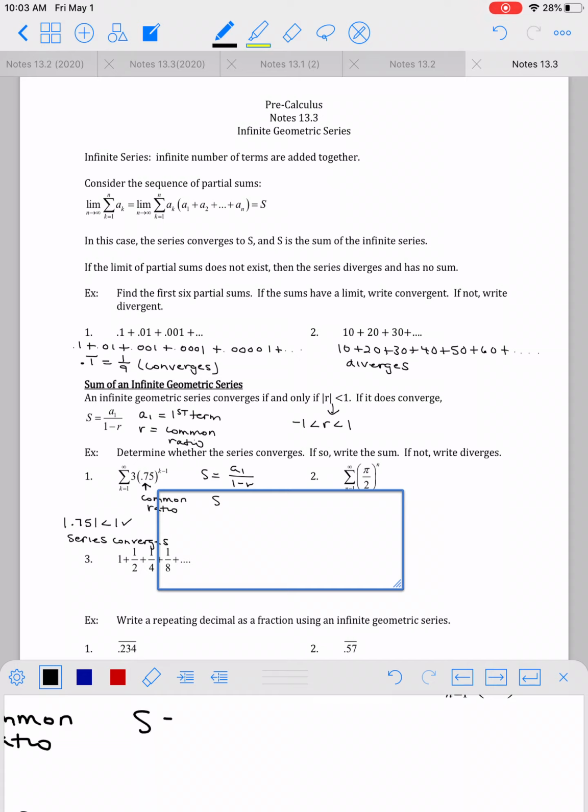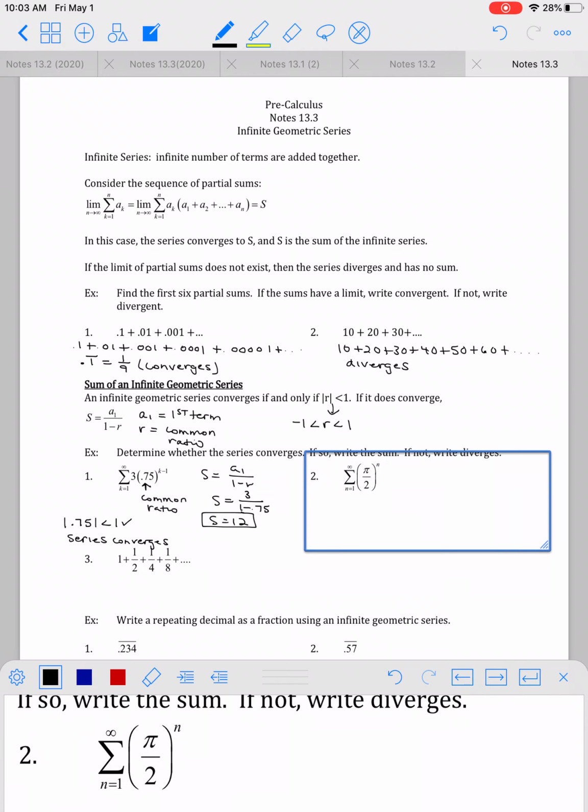S equals the first term. If I plug in 1, 1 minus 1 is 0, so my first term is going to be 3. And then it's 1 minus 0.75. I'm going to plug that into the calculator, and my sum is going to be 12. So this one converges.